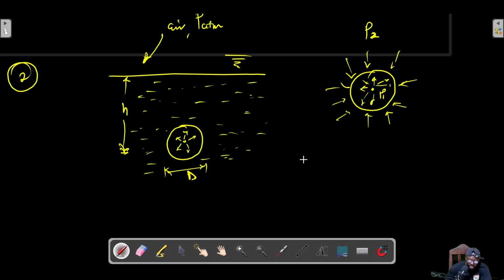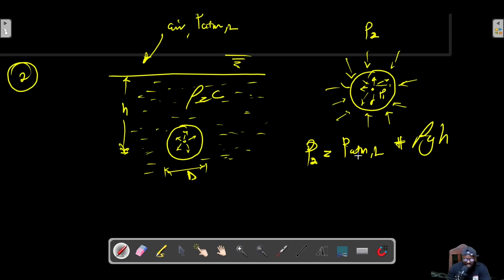You remember from high school, P2 will basically be the sum of the local atmospheric pressure plus the hydrostatic pressure as a result of this depth h, rho g h. And mind you, our fluid is of constant density. So this is the pressure exerted on the outer curved surface area.